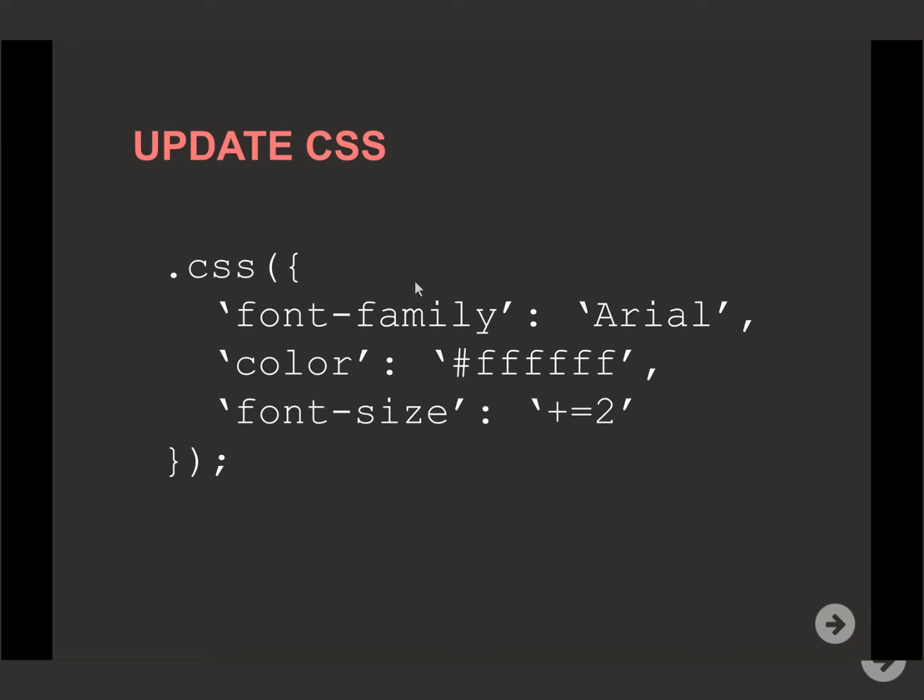But here, in fact, we have a list of CSS rules, so we want to update them in a collective way. So we can adopt object literal notation, which means you use curly braces, and then use colon rather than comma. Okay, and then this is the property, this is the value. So you may want to change the values, so you just list all the changes here. Okay, seems easy, right?